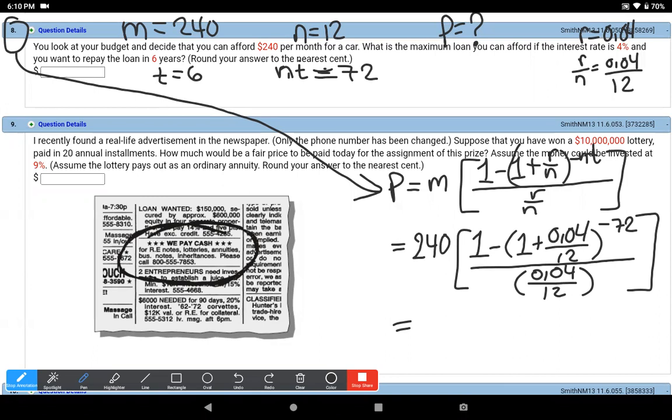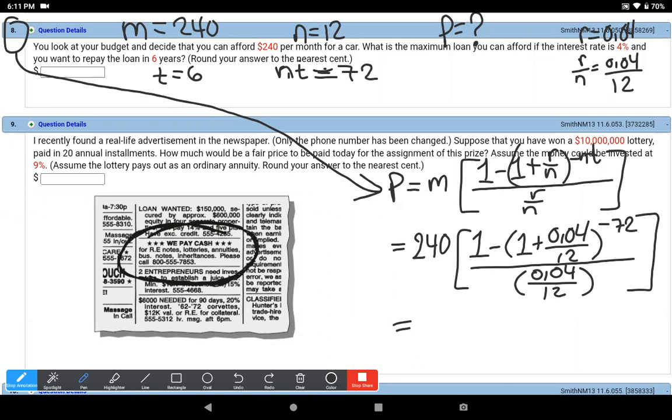So 240 times parenthesis 1 minus parenthesis 1 plus 0.04 divided by 12 in parenthesis caret negative 72 end parenthesis, divide parentheses 0.04 divided by 12 end parenthesis, enter.